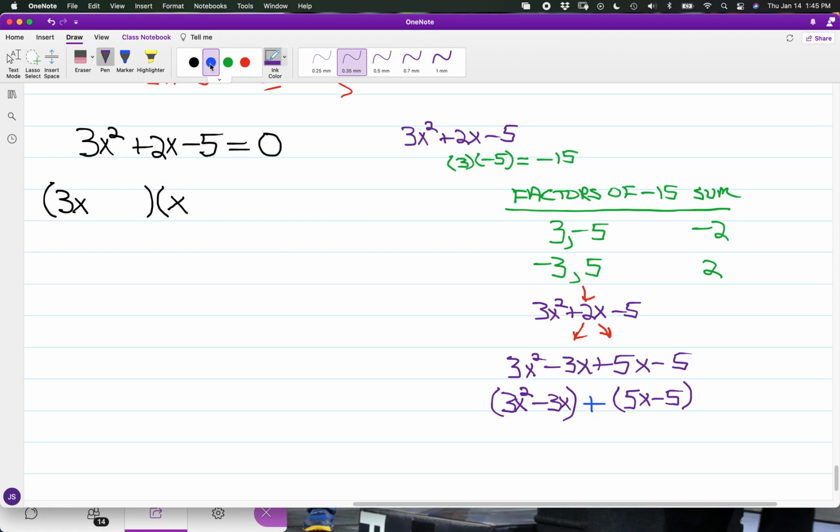So with the greatest common factors, for 3x squared minus 3x, the greatest common factor is going to be 3x. Into 3x squared minus 3x, I'm going to have x minus 1. Bring down the plus. Greatest common factor of 5x minus 5 will be 5. And we have times the quantity of x minus 1.